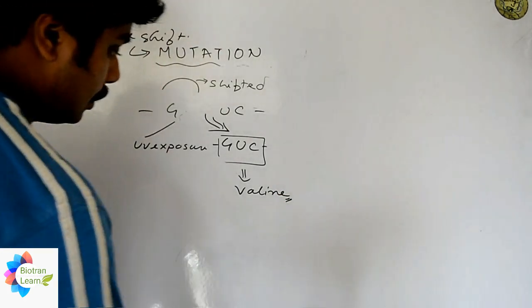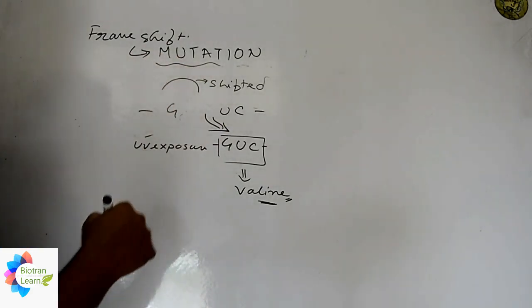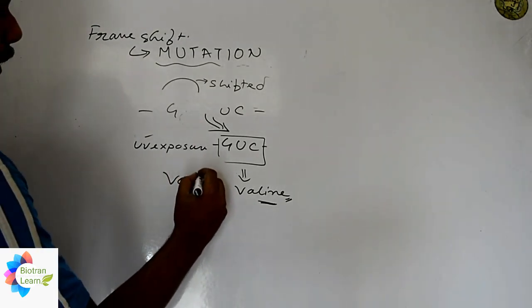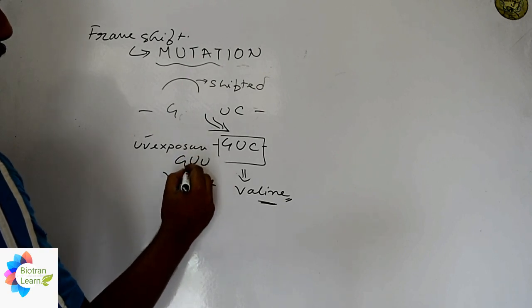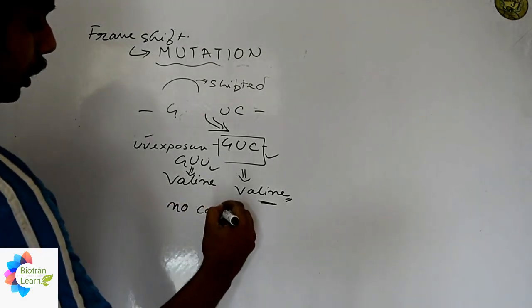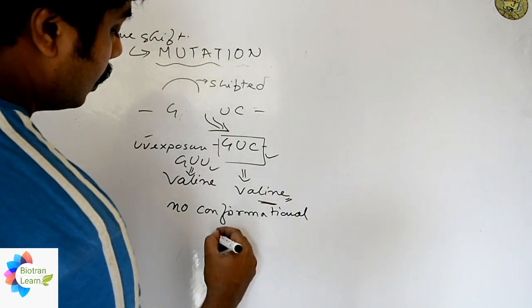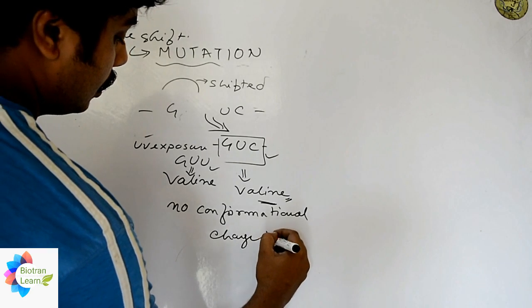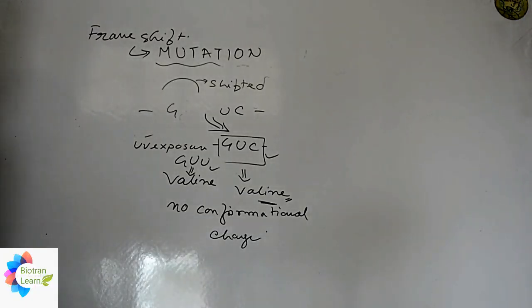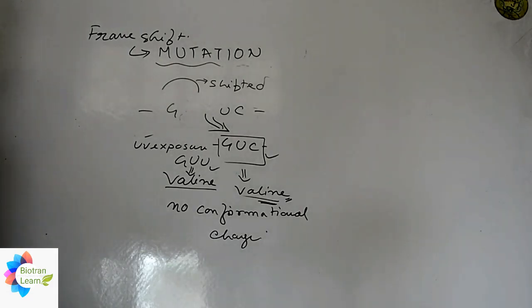In this kind of case, the amino acids do not change that much. Previously it was GUU, so valine was from GUU and valine is from GUC. Hence no conformational change in protein takes place. In a particular protein, if it was valine, this is also valine, so no conformation will be changed, right?